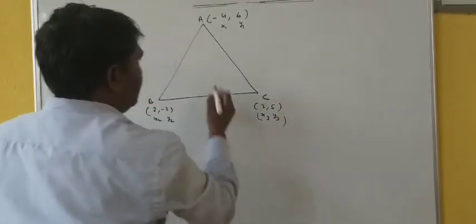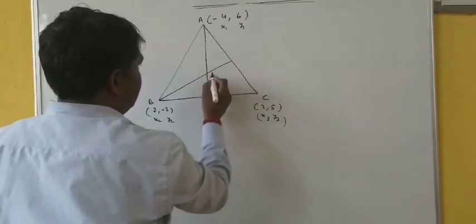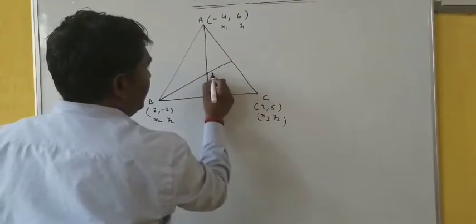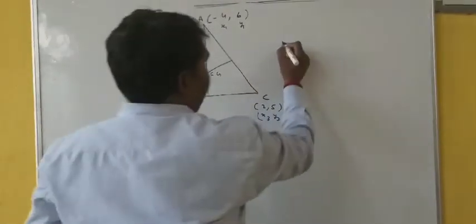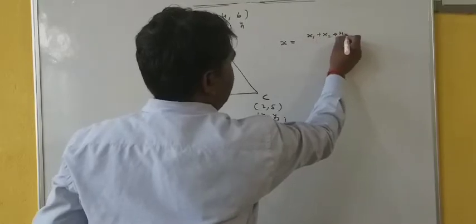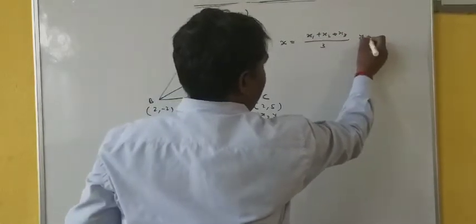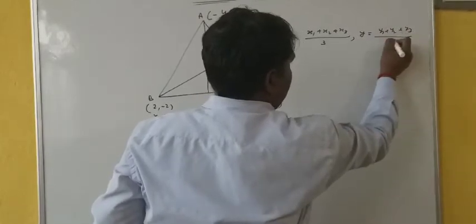Since the point of intersection of medians is the centroid G, by the formula the coordinates of the centroid are x equals x1 plus x2 plus x3 by 3, and y equals y1 plus y2 plus y3 by 3.